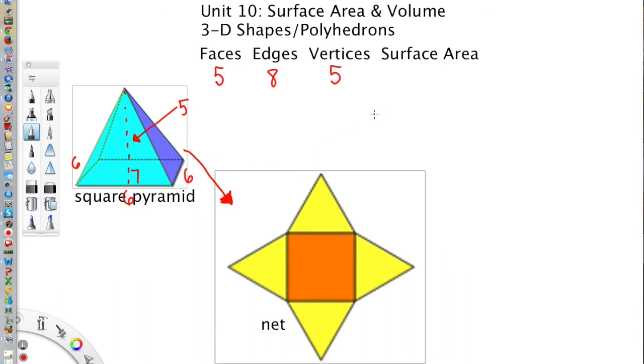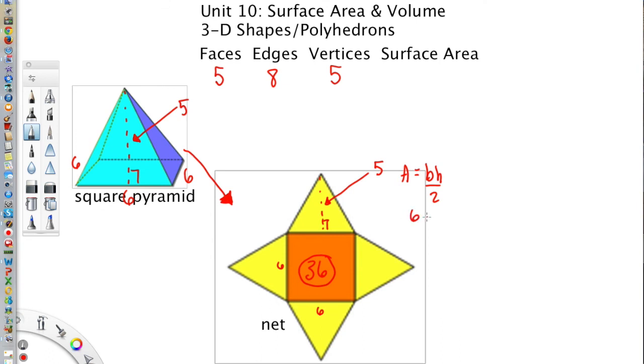Okay. So first of all, if this is a 6 by 6 square, which it is, once again, the area is going to be 36. And if the height of each of these triangles is 5, we know that the area of a triangle is base times height divided by 2.